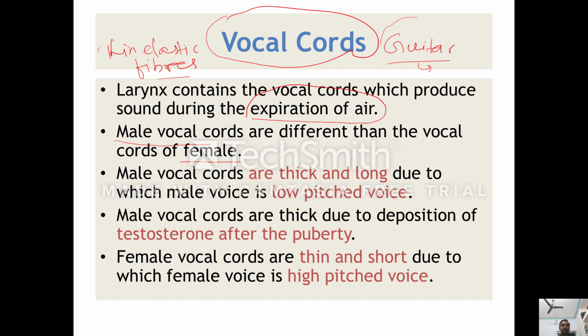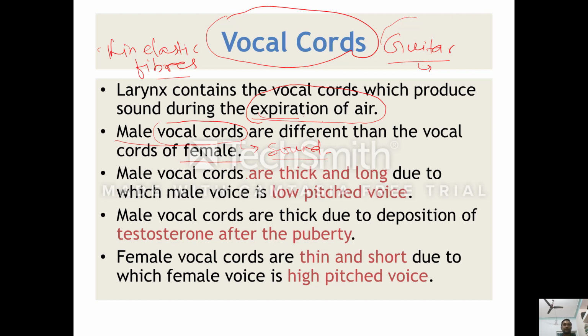When we exhale the air, a sufficient amount of pressure is generated, and this pressure results in the vibration of the vocal cords, which produces sound. So basically sound is produced during expiration.